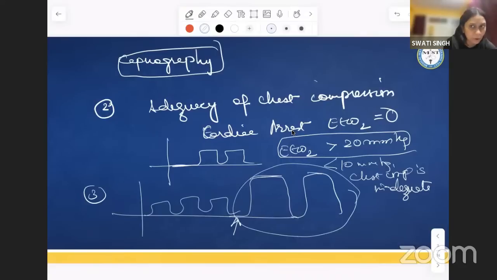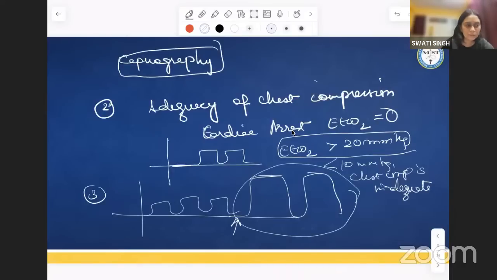So in the chat box, can anyone write and tell me what is the normal ETCO2 value? What is the normal range of ETCO2 value? So what is the normal range I'm asking?